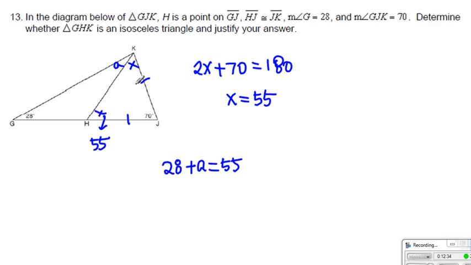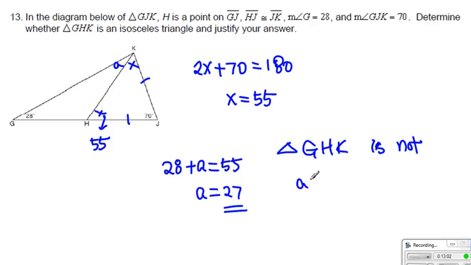And our question here, we get to realize that angle A, then therefore, will be equal to 27. Now, since angle G and angle GKH are not the same, therefore, triangle GHK is not an isosceles triangle.